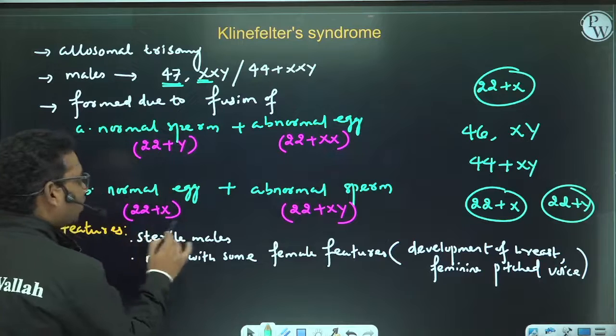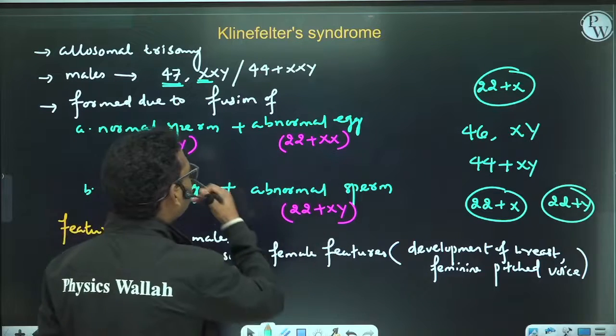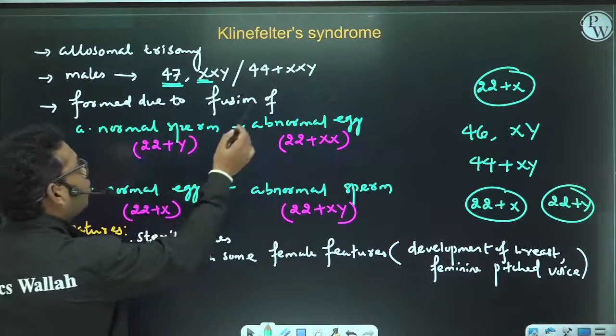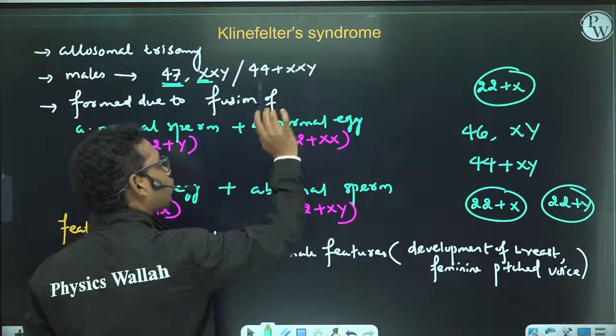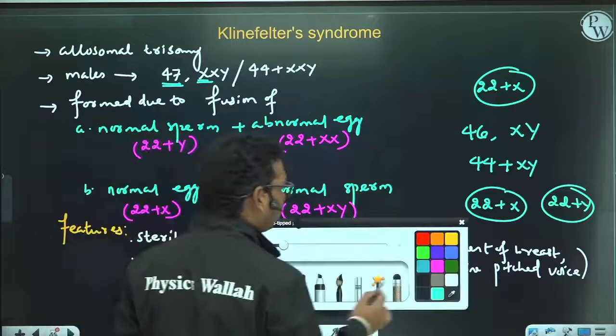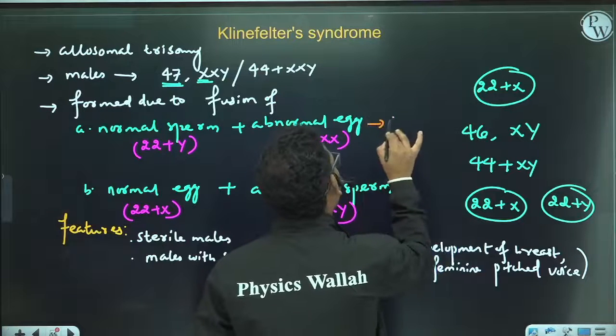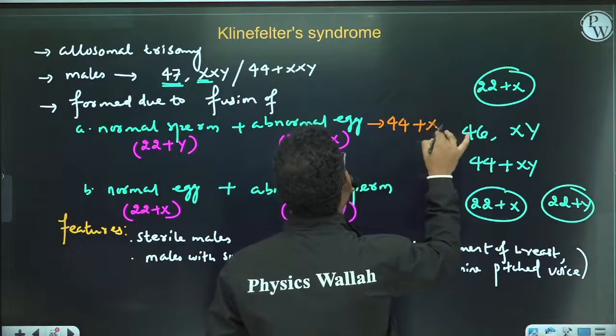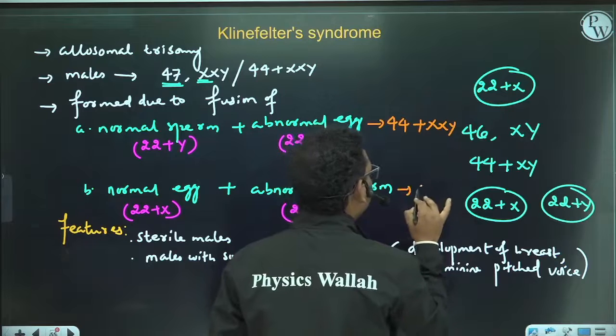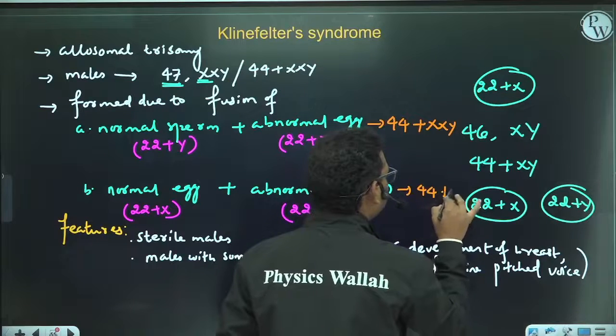This is normal egg and this is abnormal sperm. In both these cases, what will happen? I will get 44 autosomes plus XXY. So here I will get 44 autosomes plus XXY, and here also I will get 44 autosomes plus XXY.